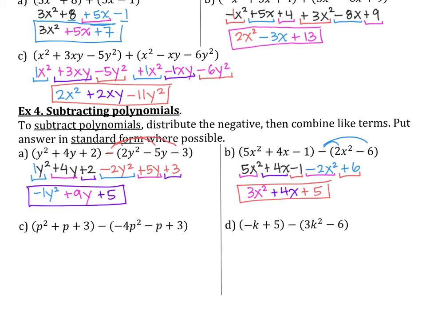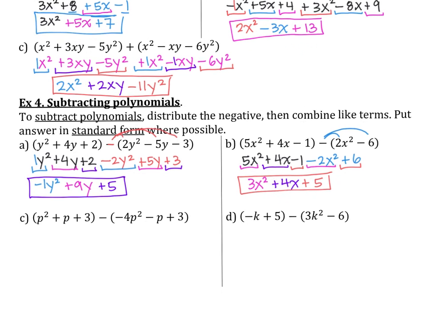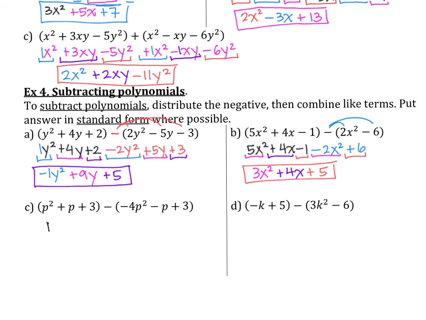Okay, last two. Okay, let's see. First one, keep it the same because there's no coefficient to distribute to the parentheses. For the second one, because I'm subtracting, I have to distribute the negative. So negative, negative makes this a positive 4p squared. Negative, negative makes this a positive p.